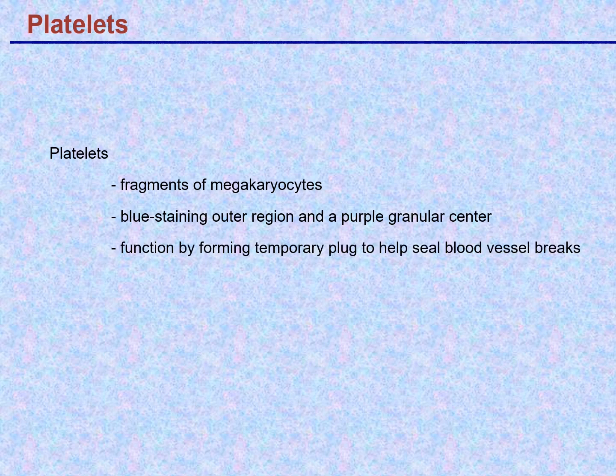The production of platelets is called thrombopoiesis. Sometimes you will see platelets called thrombocytes. They originate also from the pluripotential stem cell, the hemocytoblasts.